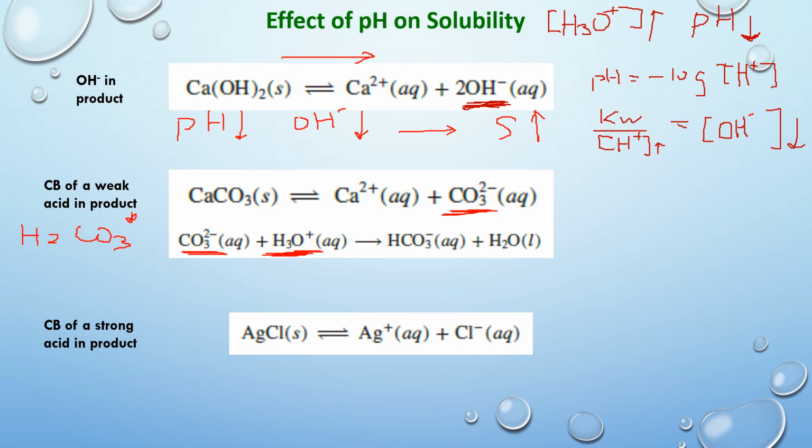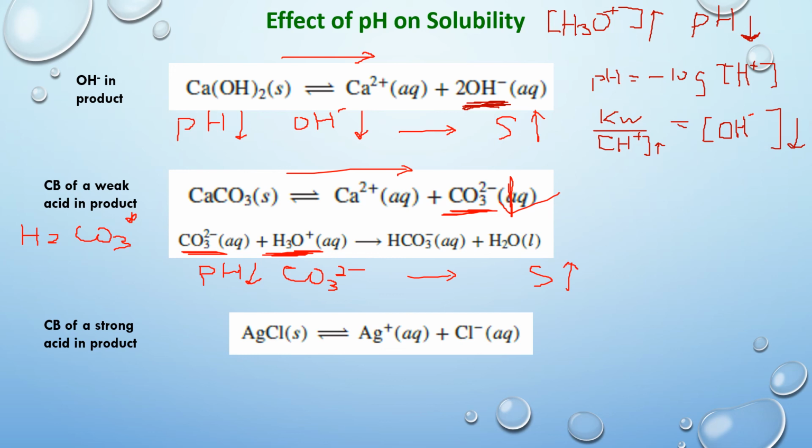So if we decrease the pH by adding more protons, that will consume carbonate, so the carbonate concentration will decrease. When the carbonate concentration decreases, the reaction will shift to the right, increasing the solubility of the solid, so more calcium will be generated.